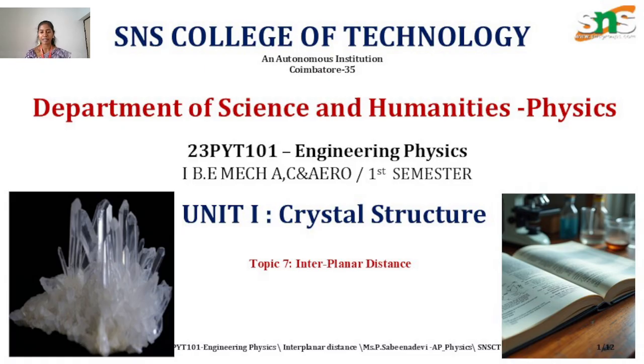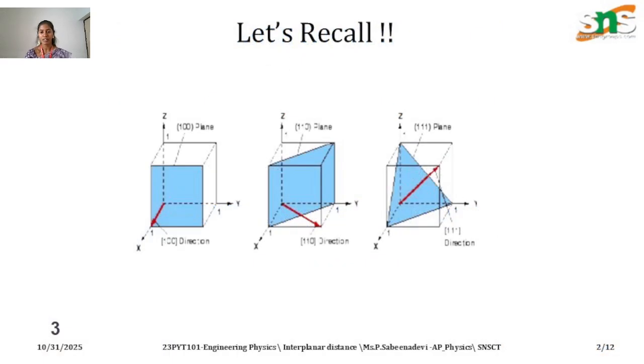In this class I am going to explain how to find interplanar distance, what the formula is, and how to use it. Let's recall the previous class. Miller indices are a set of three numbers h, k, l used to designate the planes in a crystal lattice.